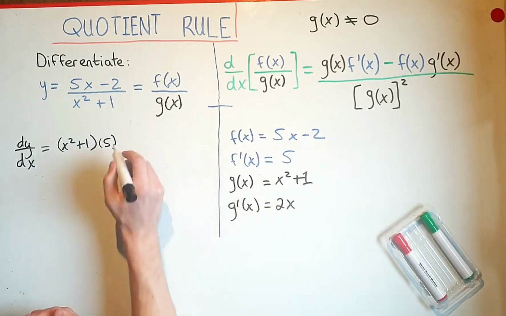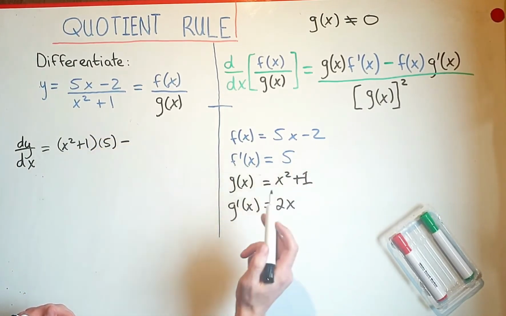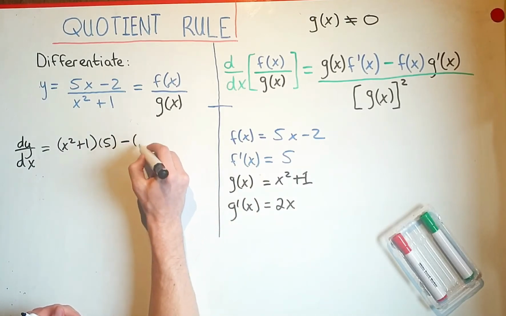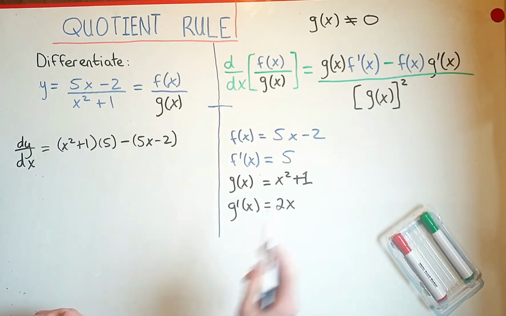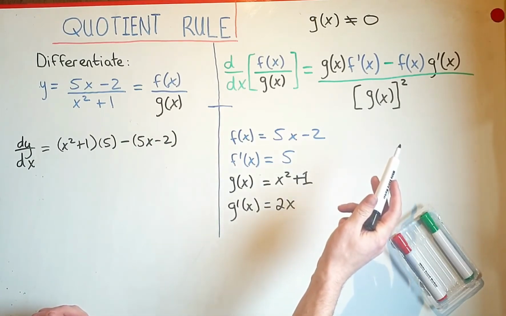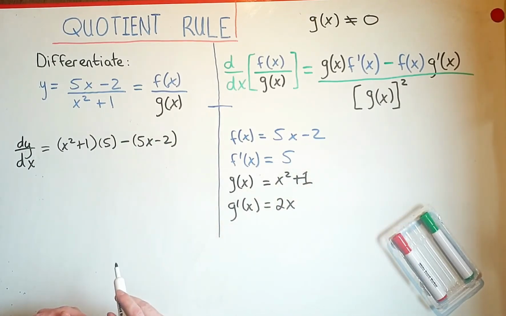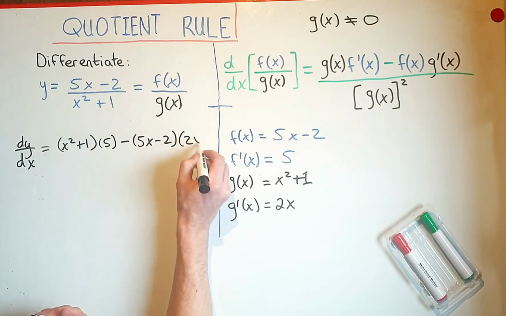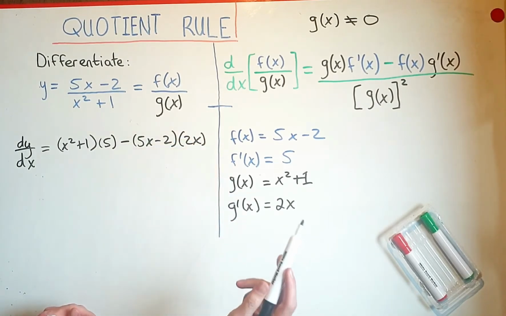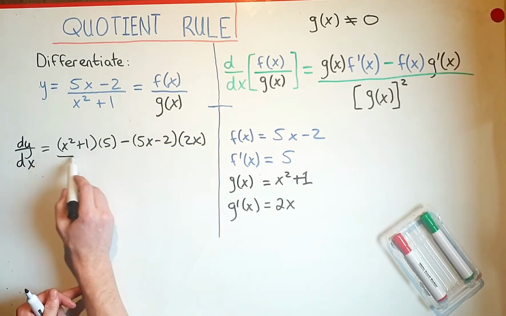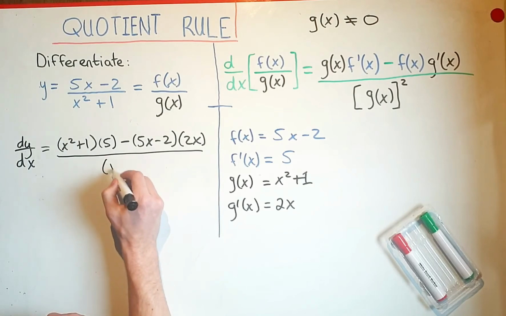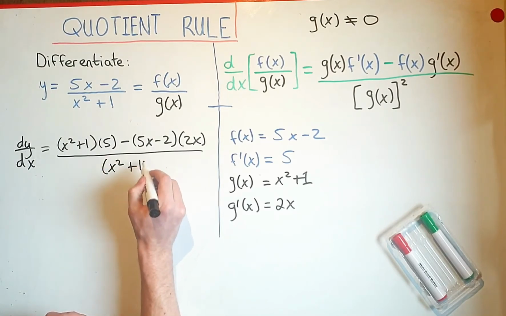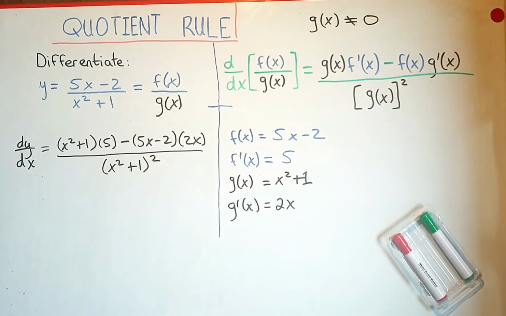We know that that's a minus f of x, which we have to be 5x minus 2, and then the last expression is the g prime of x, which we know is 2x. And then don't forget that that's all divided by g of x squared, and we know g of x is x squared plus 1. That's going to be x squared plus 1 squared.